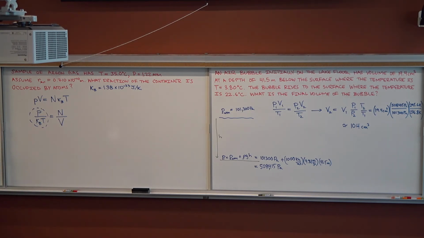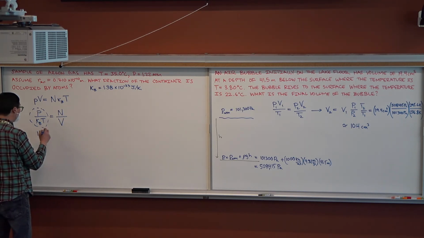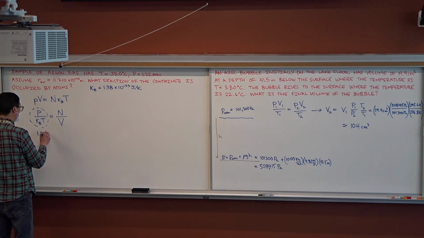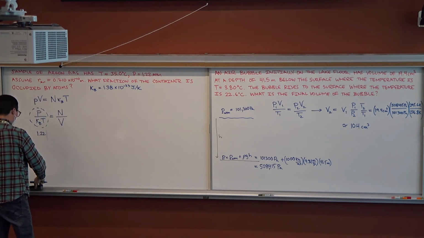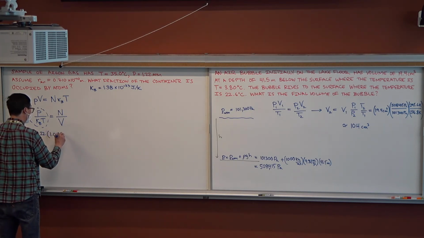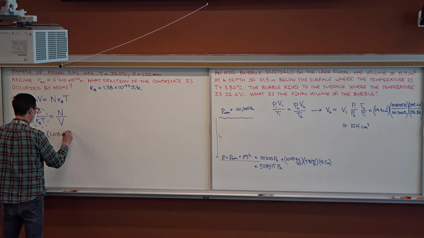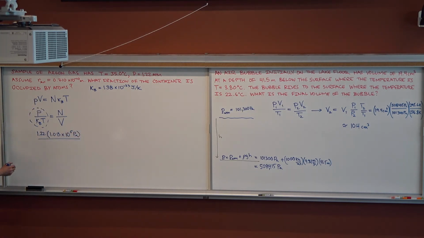Well, what's the pressure here? So 1.22 times, here, we'll do it this way, 1.22 times 1.013 times 10 to the 5 Pascal. And what's big N? Number of particles.